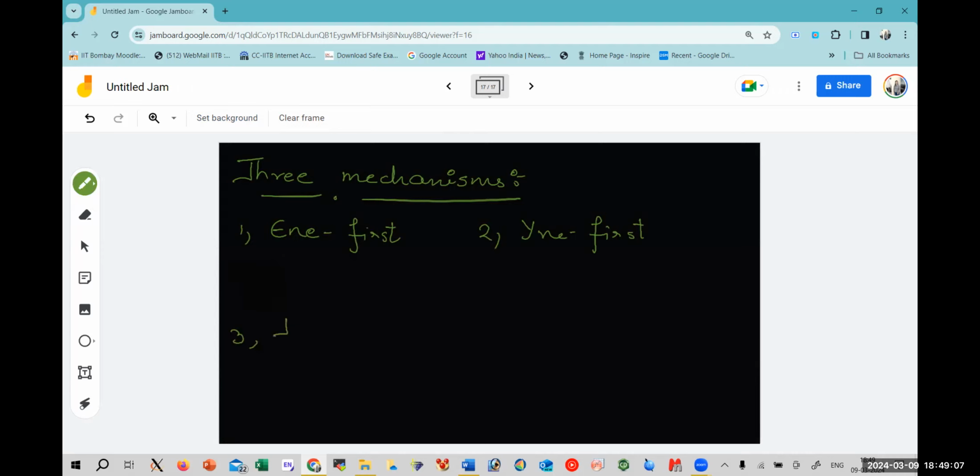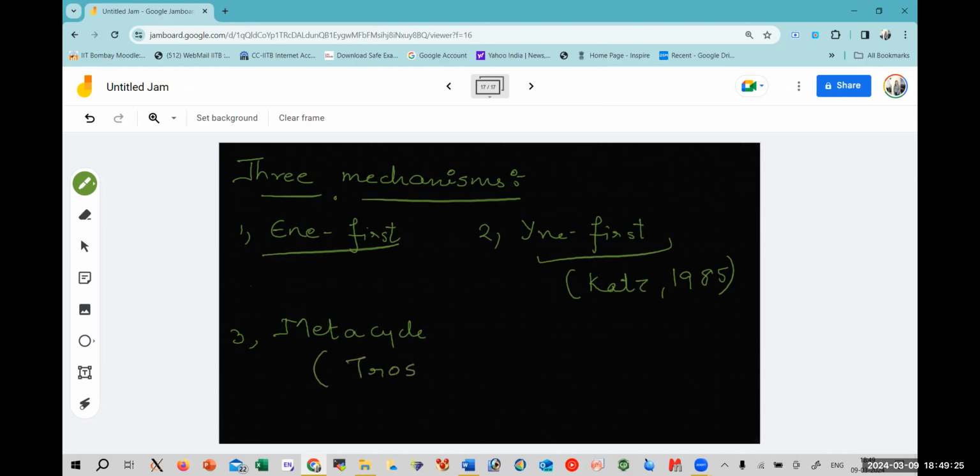And the third one is the formation of a metallacycle. This we have already seen so many times. It's the most popular. The ene first one also was given by Katz in 1985, and this metallacycle one was given in 1991 by Trost.